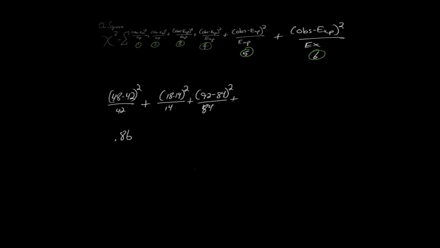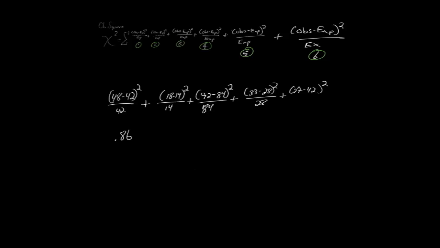The next one is 33 minus 28, square that, divided by 28. And then the next one's 27 minus what? Minus 43. Sorry, 42. Somebody didn't fix their answer. That's right. 42 squared.